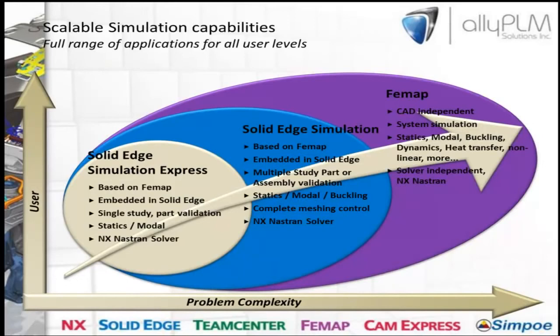All 3 studies can be done inside Simulation, and we can just create different studies in the same environment. While in Simulation Express, since we can have only one study, we have to get the results and save the results, and then create another case for study number 2 rather than doing everything at once.